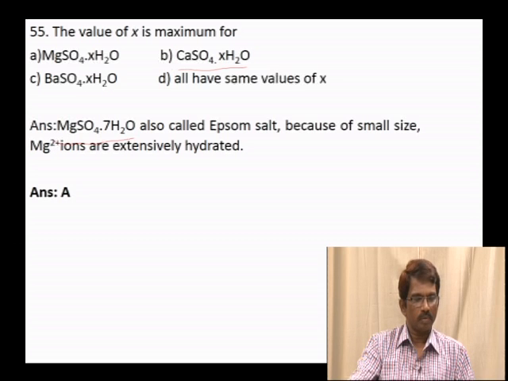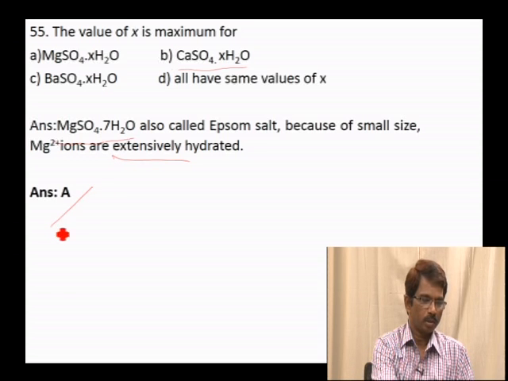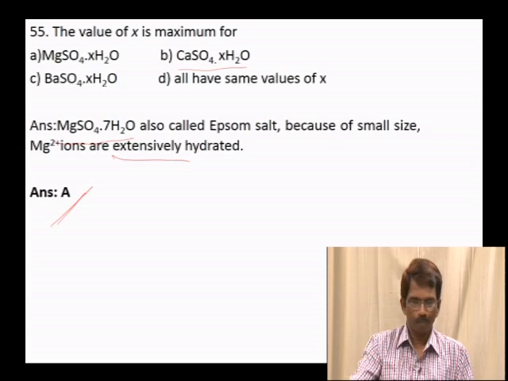It is associated with 7 molecules of water of hydration because of its small size, and because of the small size of Mg2+ ions they are extensively hydrated, and the value of X, which is 7 for MgSO4, is the maximum, and hence the correct option is option A.